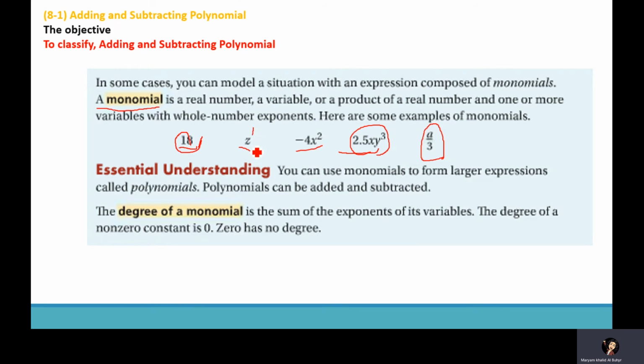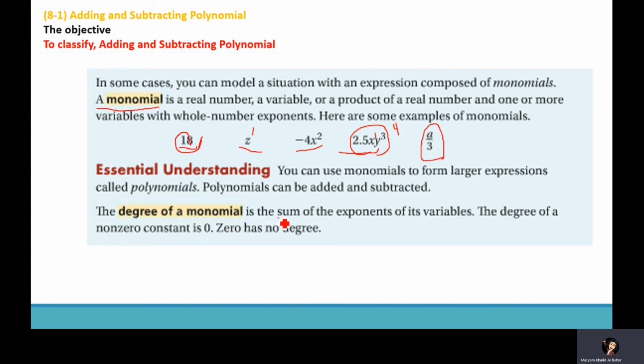It's 1, because the power of this variable is 1. Here, the degree is 2, because the power of the variable is 2. What about this one? It's 1 plus 3, which is 4. So the degree is 4.